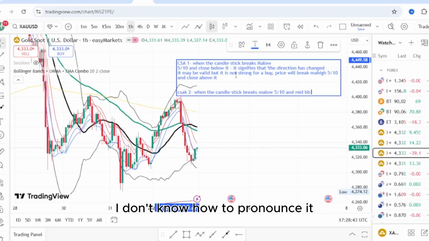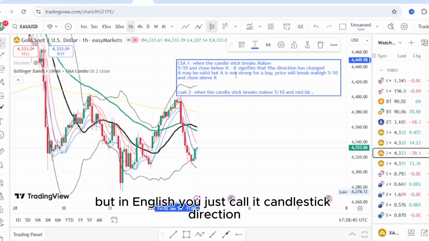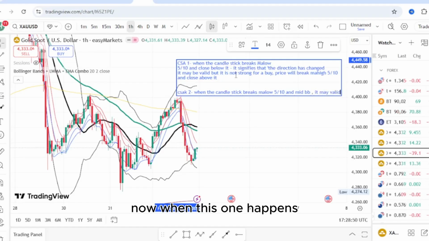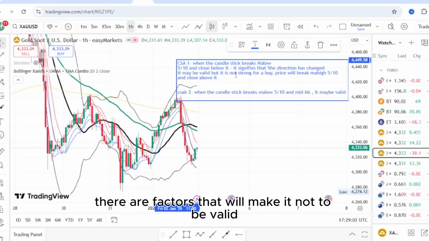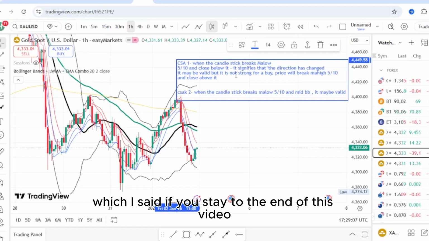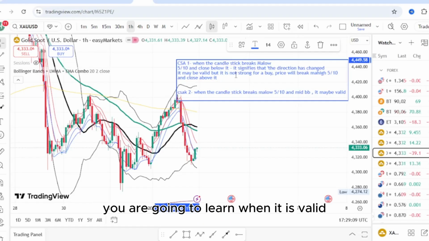Now when this one happens, it may be valid, but it's also strong. It may be valid, it may also not be valid. It all depends. There are factors that will make it not valid, which, if you stay to the end of this video, you are going to learn. So it may be valid, it may also not be valid.